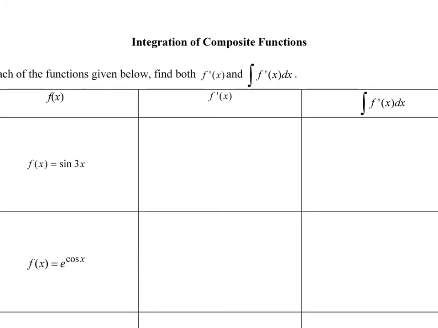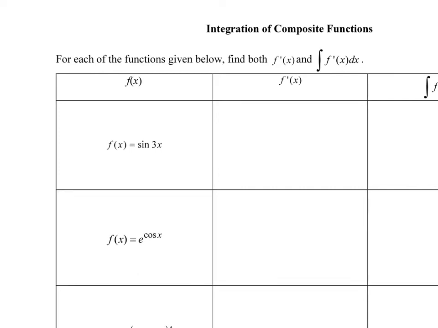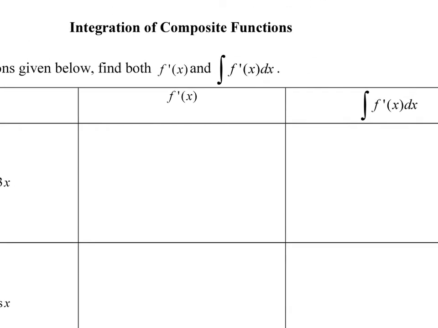In the past, we have integrated f prime of x, taking the antiderivative with respect to x, and generically would say, magically the answer is, well, this is f prime, so if I integrate f prime, I'm going to get f of x plus some constant.